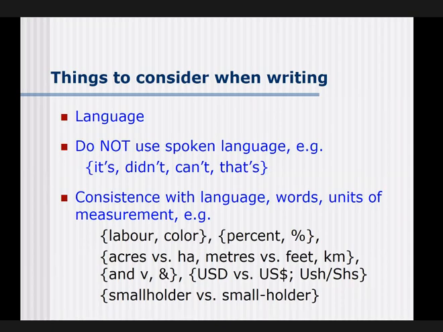Labor, which is LABOUR, and color, which is COLOR. These are English words, but labor is in English UK and color is in English USA, and that will be an inconsistency. So choose either English UK or English US.